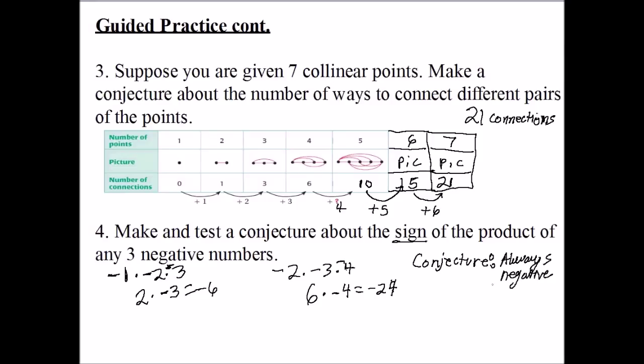Because like I said, the first two numbers that you multiply will always give a negative number. So here's my conjecture, here's my test, and you can go ahead and just keep testing it out. Next card.